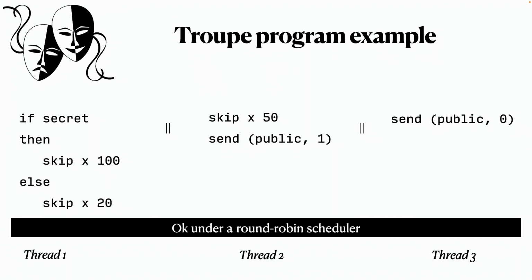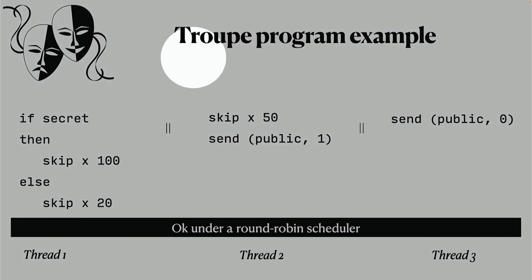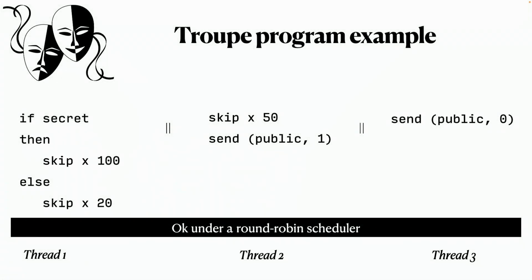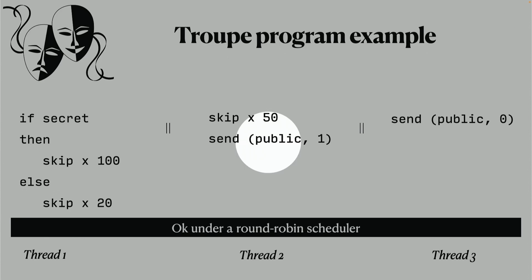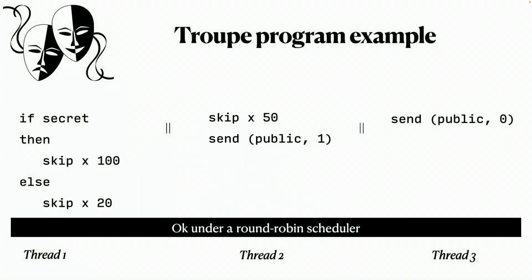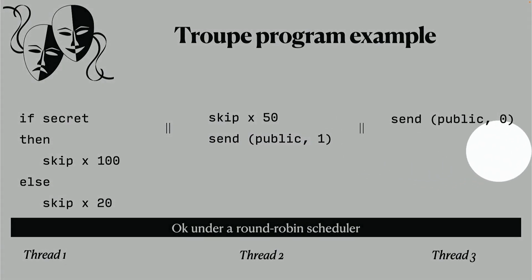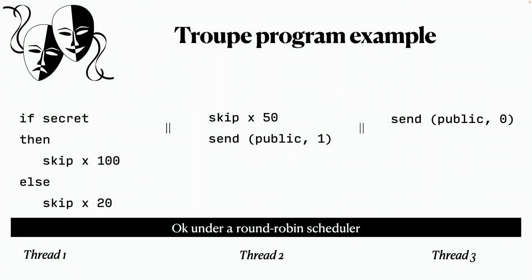So we have a parallel composition of three processes. The left one branches on the secret: one branch will take 100 units of time, doesn't matter what, the other will take 20 units. Over here we have straight-line code that takes 50 units of time and then performs a side effect, writing 1 on the public channel. And here we have just the side effect of writing 0 on the public channel.